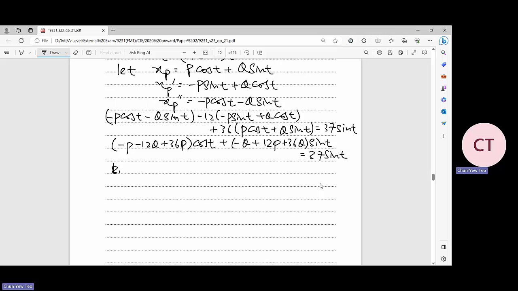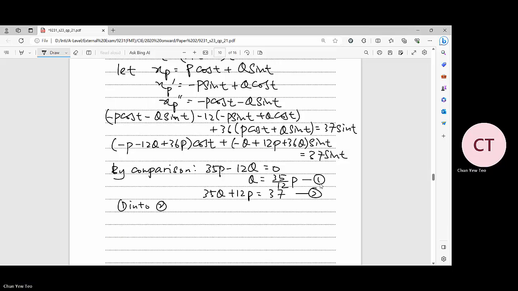So what you need to do is compare. By comparison, for the cos t, there is no cos t on the right, so that means 35p minus 12q will be equal to 0. Then I will get q equals 35 over 12 p. That is my equation number 1. Now you compare the coefficient for sin t: 35q plus 12p is equal to 37. That will be your second equation.